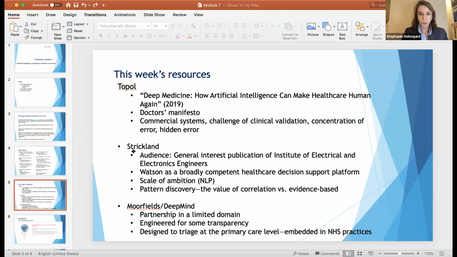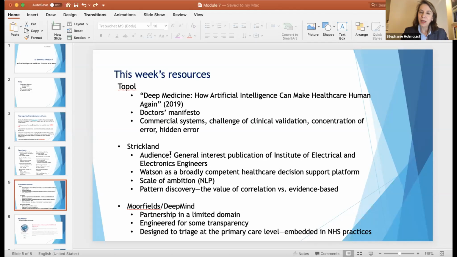So that was the Topol. The Strickland was the article for the IEEE about Watson. I thought it was interesting that this was published in the IEEE, maybe the largest professional organization in the world, and they bring us software engineers, hardware engineers. They are the folks who bring us modern life as it's expressed in laptops, phones, the internet, and many other things.